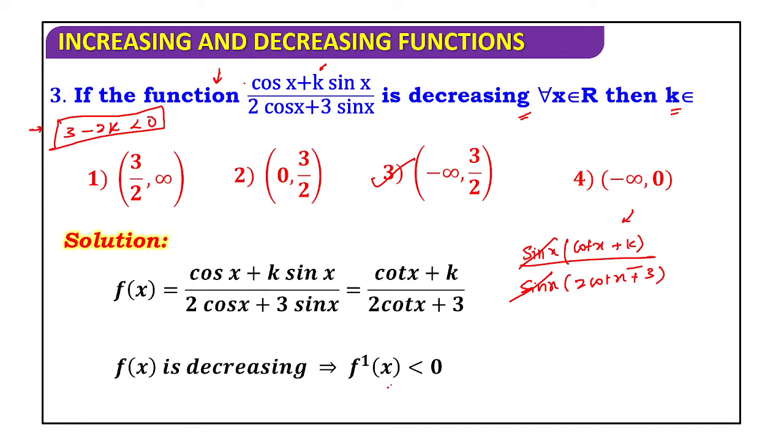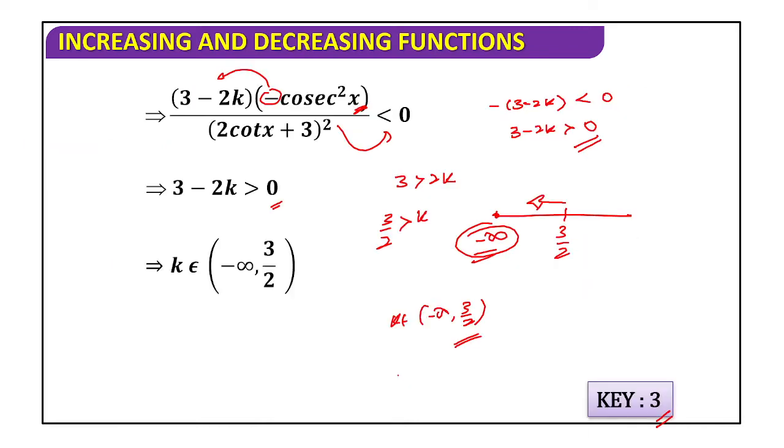Once you take f dash of x, then it is going to be very simple. Okay, so here f dash of x is (3 minus 2k) into minus cosecant square x divided by (2 cot x plus 3) whole square lesser than 0. So therefore you just see this is a negative function.